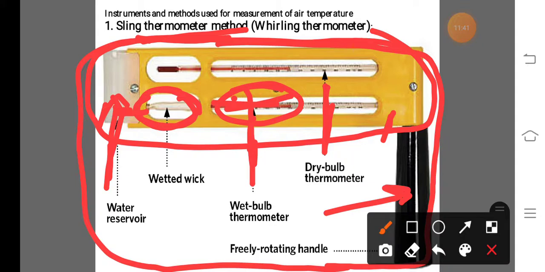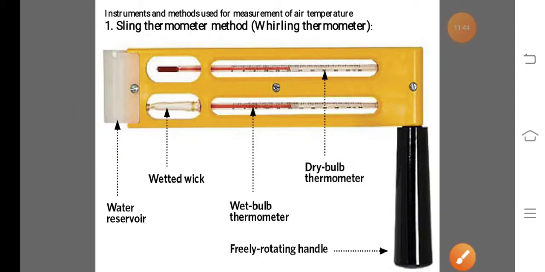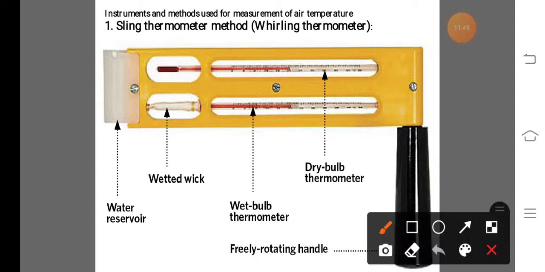Now, how do we determine the air temperature using this sling or whirling thermometer?